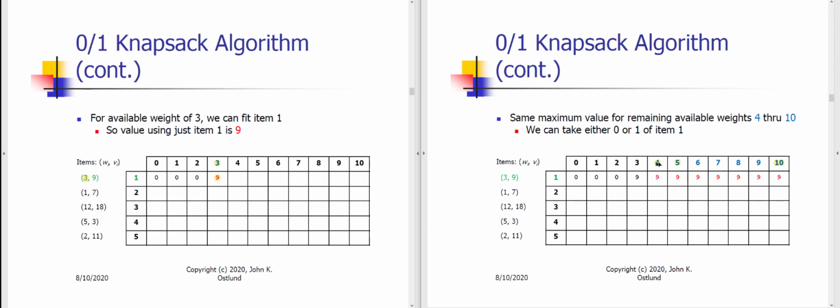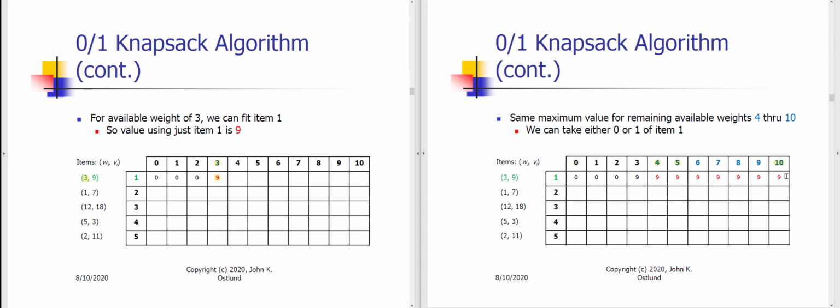Okay, so if we have 4, 5, 6, 7, 8, 9, or 10 units of weight remaining available in our knapsack, the maximum value that we can get by either including or excluding item 1 is 9, and that's the value that we get if we include item 1.